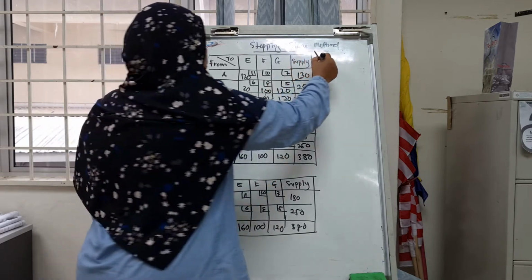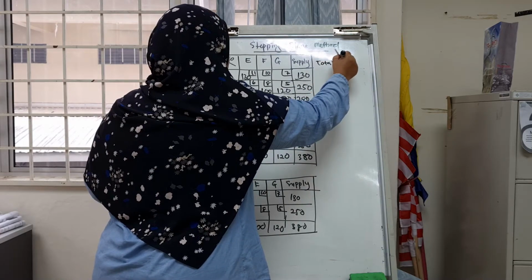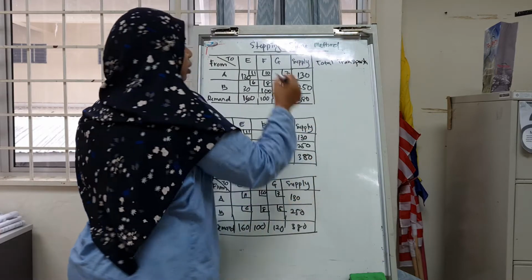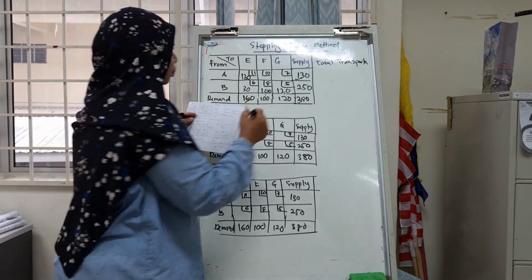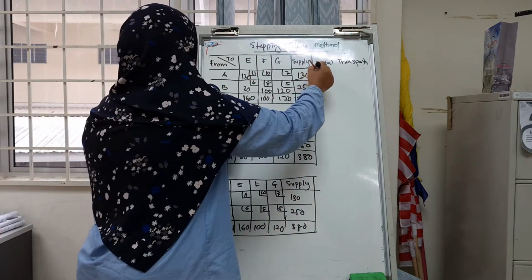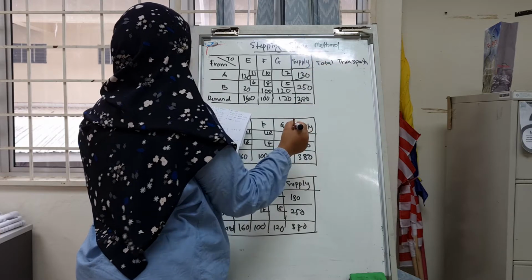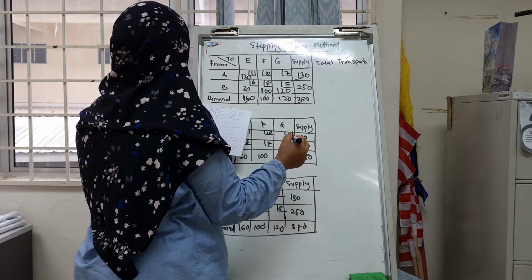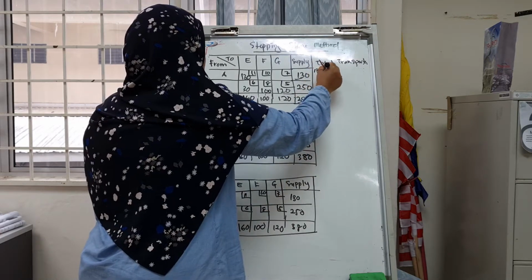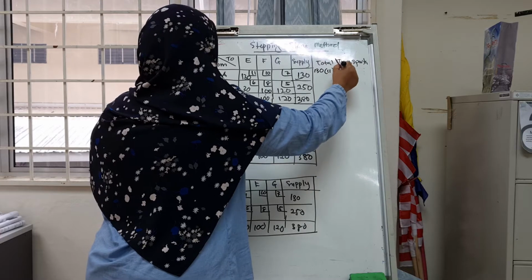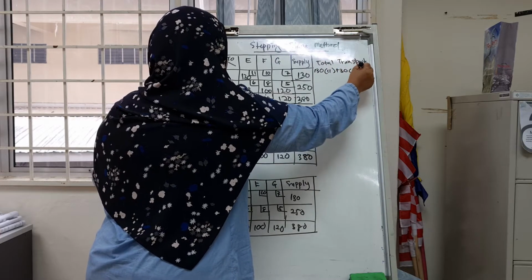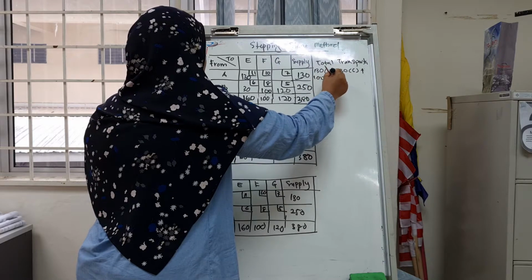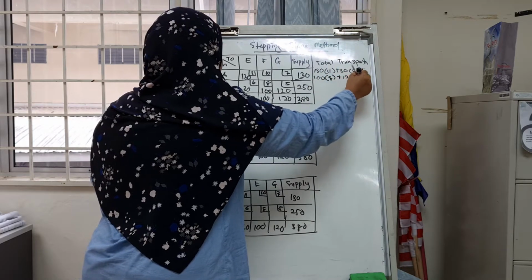The total transportation cost is 130 times 11 plus 30 times 6 plus 100 times 8 plus 120 times 5.